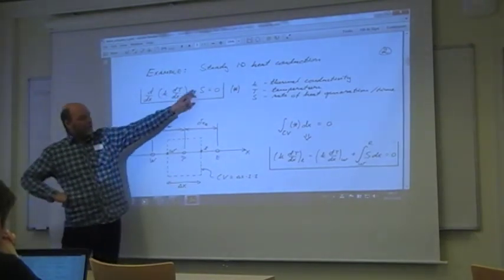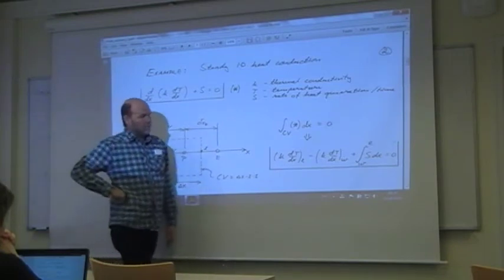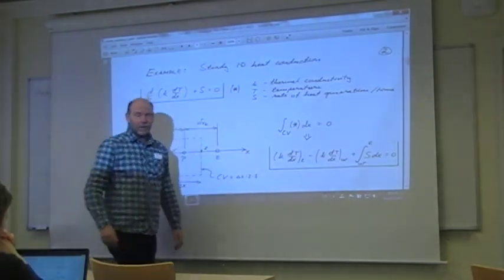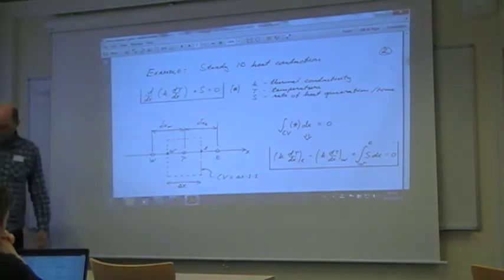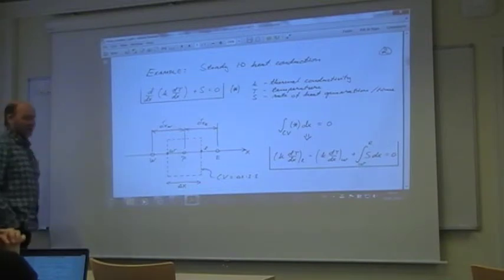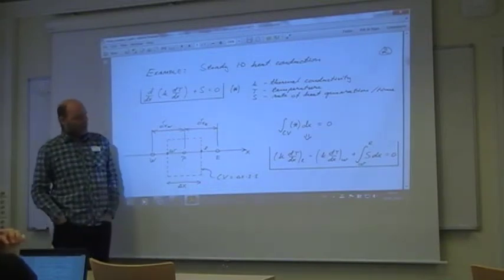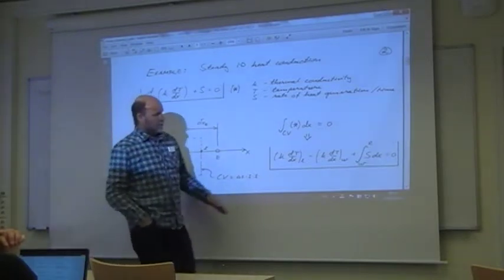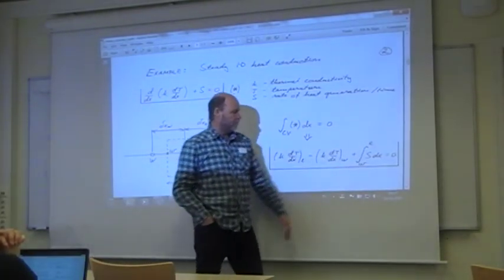The source term, whatever that might be, there you have to make a volume integral out of it. So that depends on what it is. If it's a constant, it's not a problem. If it changes with the solution, then you have to pay some special attention to this source term, of course.